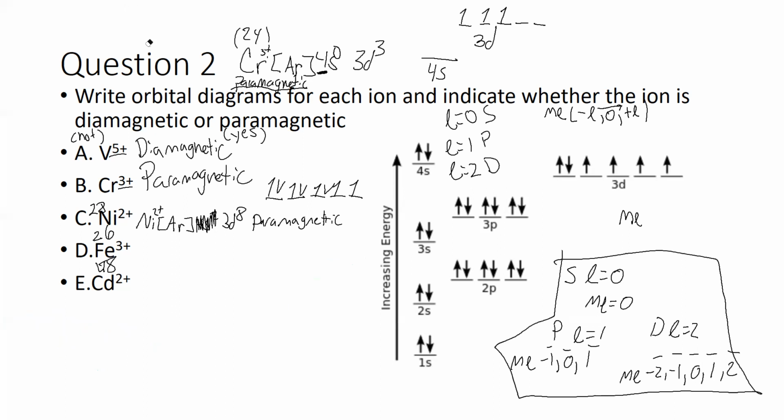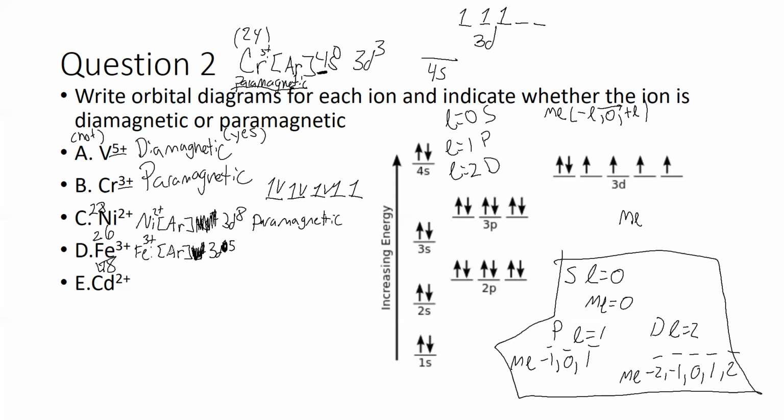Right, so let's go to iron 3+. So iron by itself, argon, then it is 4s2, 1, 2, 3, 4, 5, 6, 3d6. And I'm going to make it 3+, so I'm going to lose 3 electrons. I take 2 from the 4s2 orbital, and I take 1 from the 3d orbitals to make it 3d5.